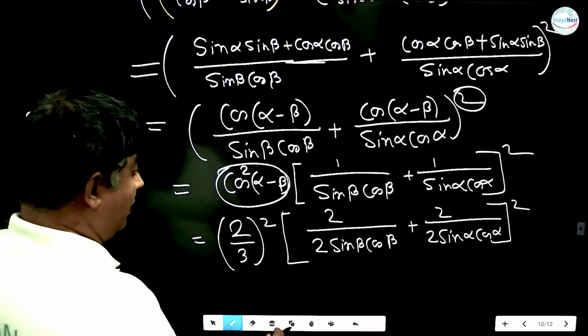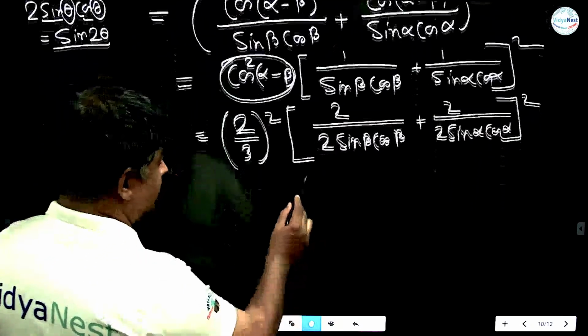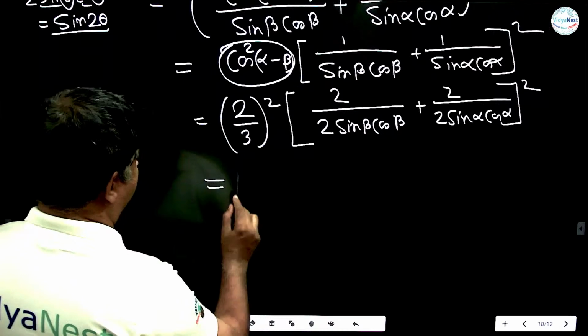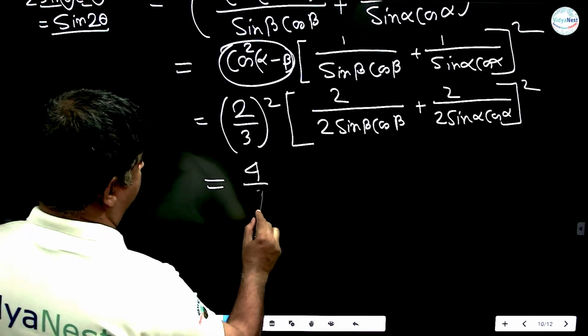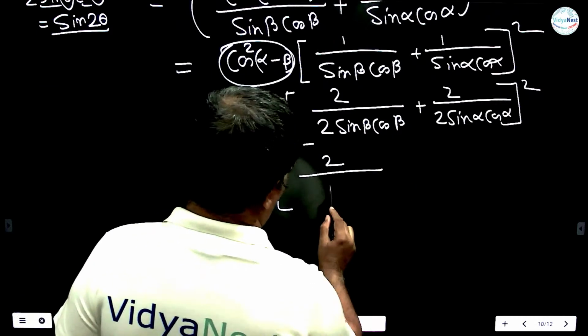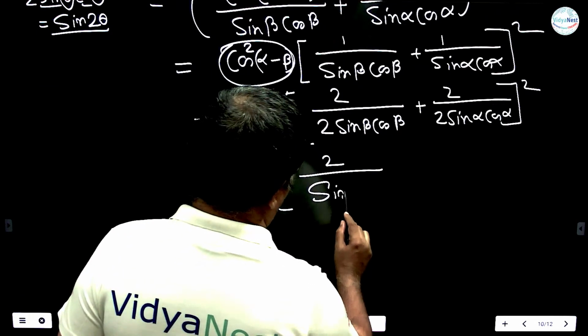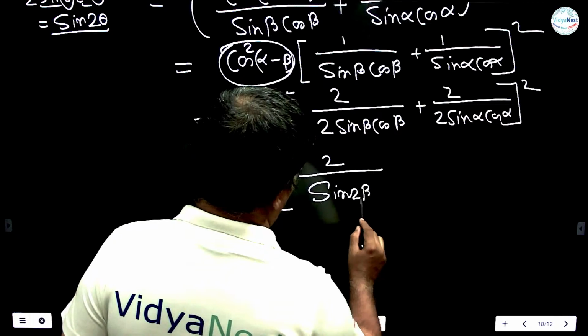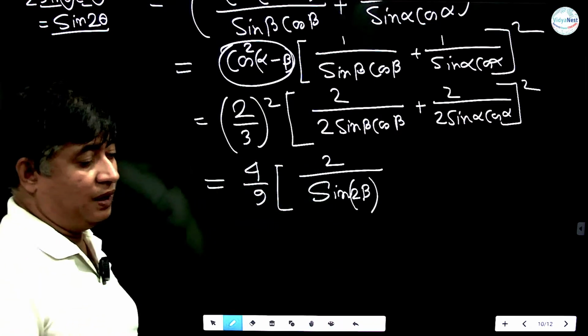That will give you what? This is 4 by 9, 2 sin theta cos theta, multiple angles property.